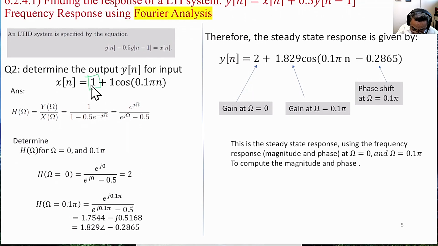actually should be 1 times u[n], meaning that it only exists from the right-hand side of time. But notice that if you try to perform the discrete time Fourier transform of this, it won't exist.